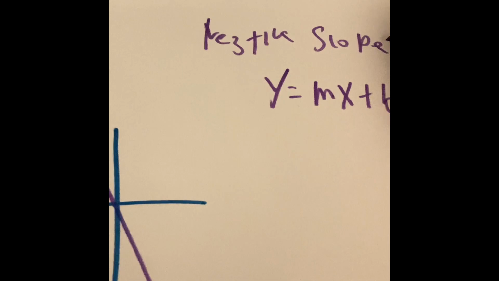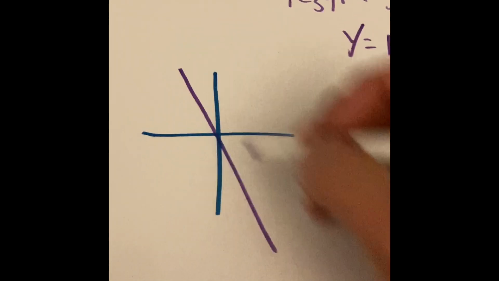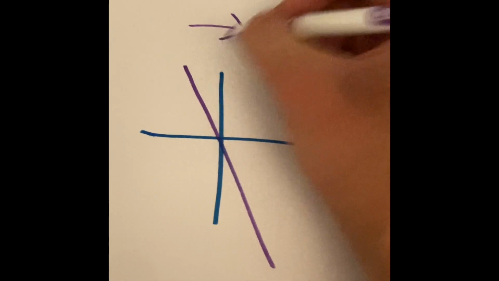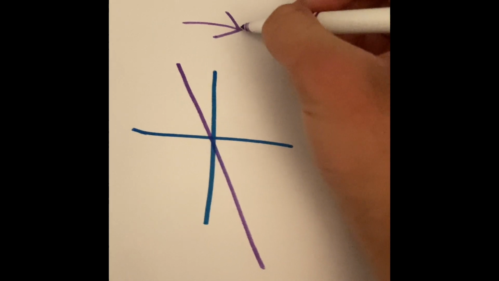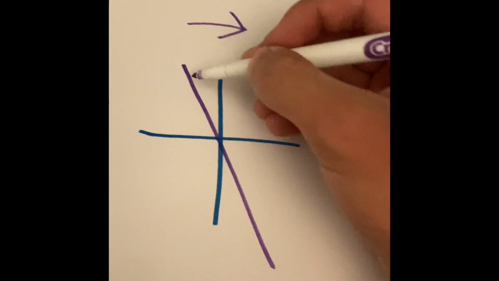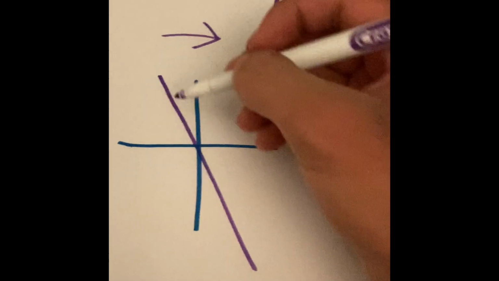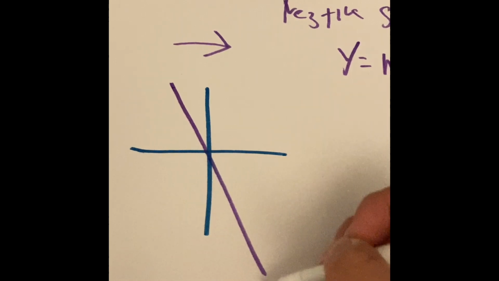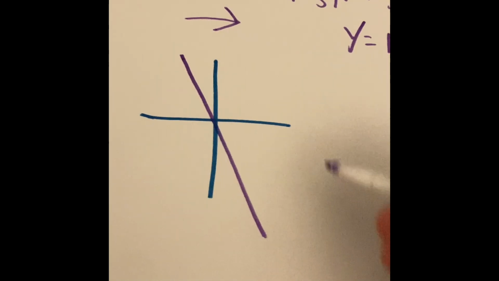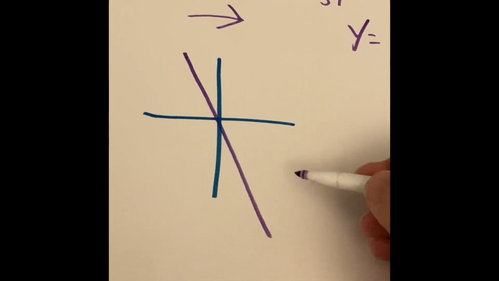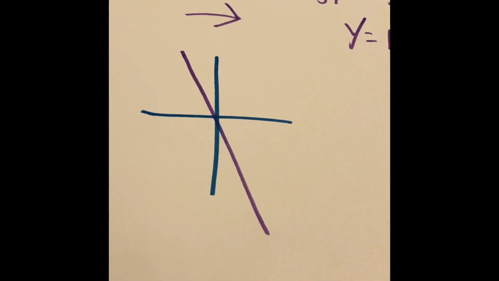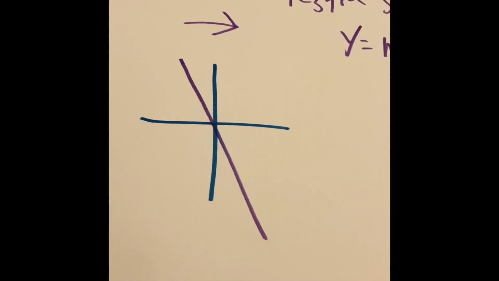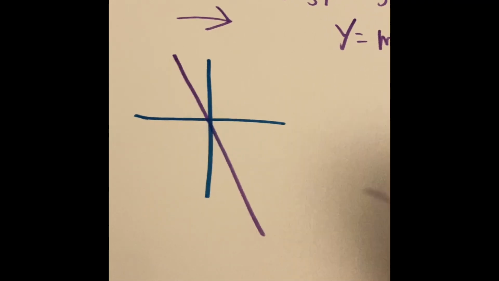A negative slope is a slope that's going way down. You will usually see these kinds of slopes when you see something that's decreasing over a given amount of time on a graph.